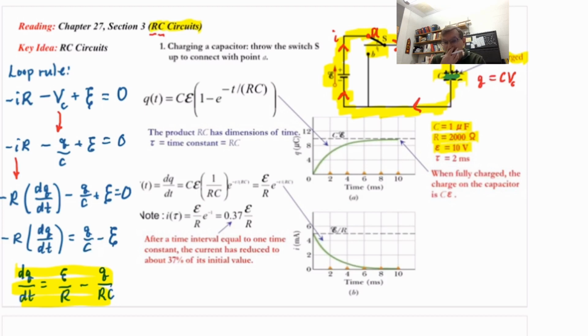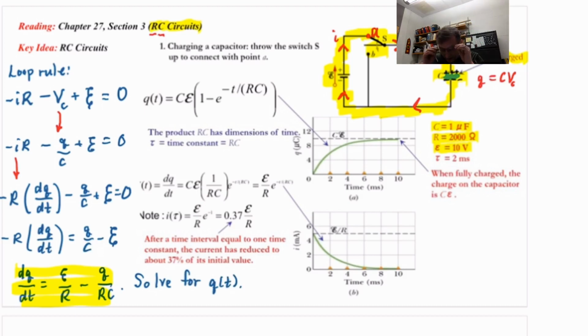And when you have a differential equation for a variable, in this case Q, you want to solve it. When you solve that equation, you would get the Q, the charge on the capacitor, as a function of time. And that's what we want to do. We want to get Q as a function of time.